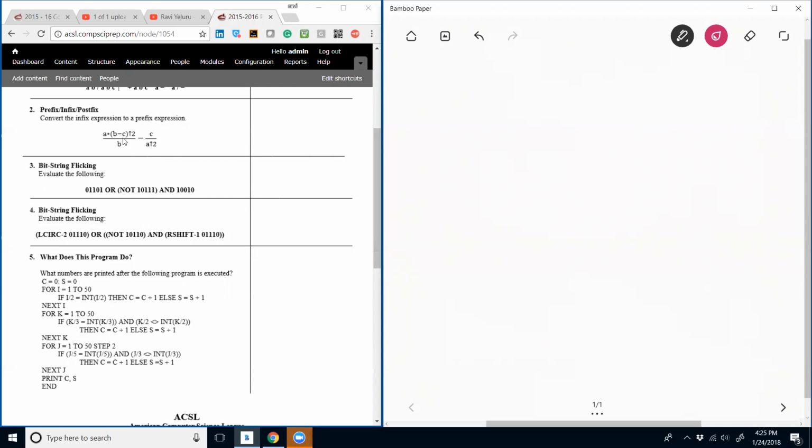Prefix means all of the operators go in front of the operands. So if you have b minus c here, this minus goes in front of b, and then b minus c can be called as minus bc.